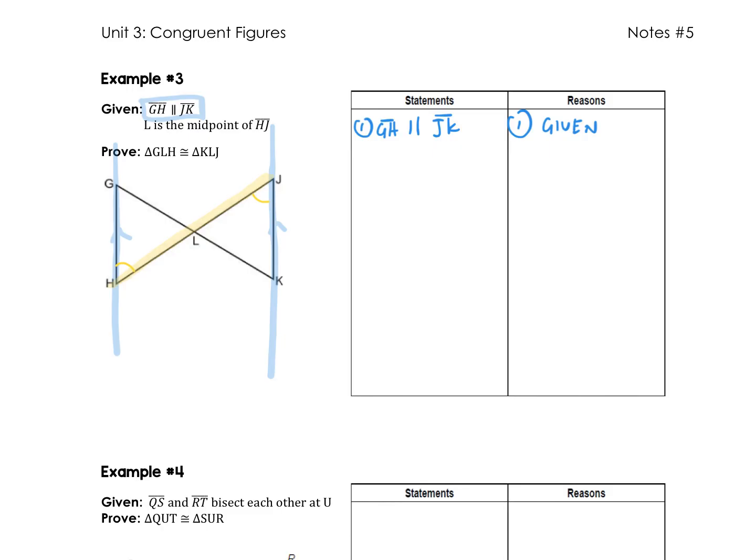So that would give us angle H congruent to angle J in line 2. And we can get away with one letter for naming those angles because there's no confusion as to which angle we're referring to. And our reason would be the alternate interior angle theorem.